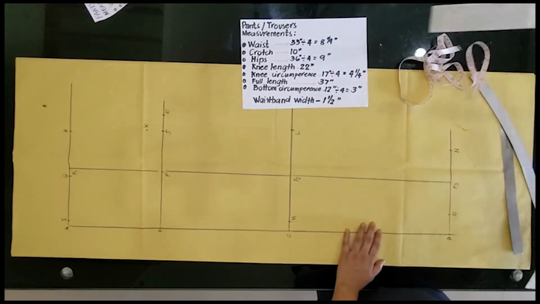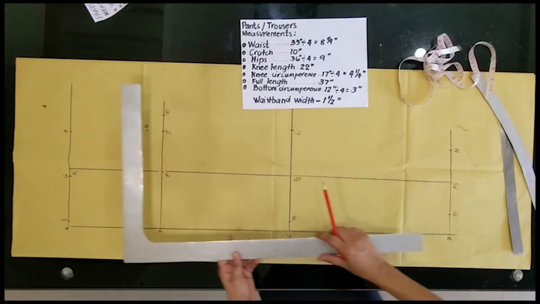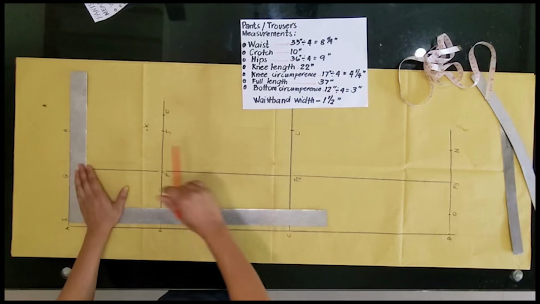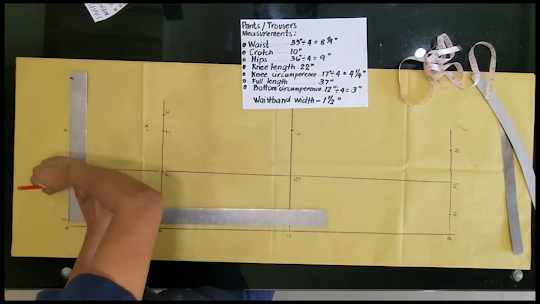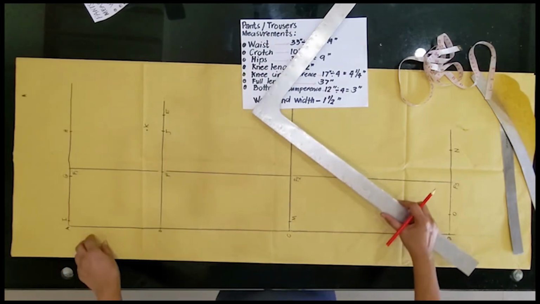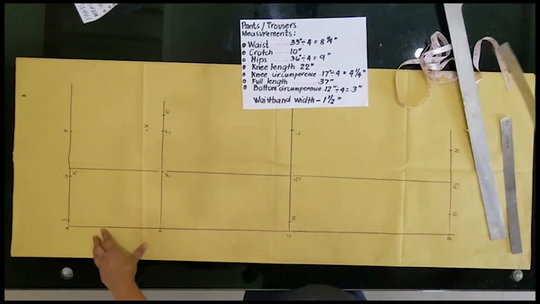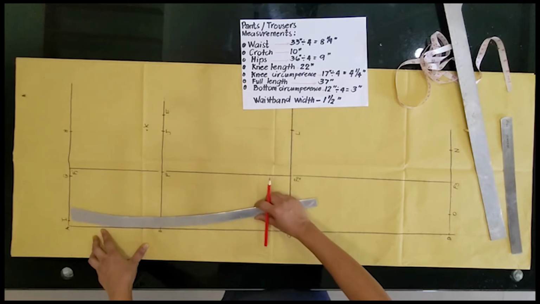So we have to connect I and H. This is the waist part, I and H. We have to connect I and B with the use of hip curve.